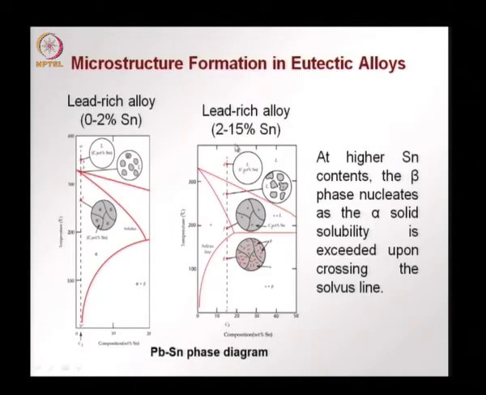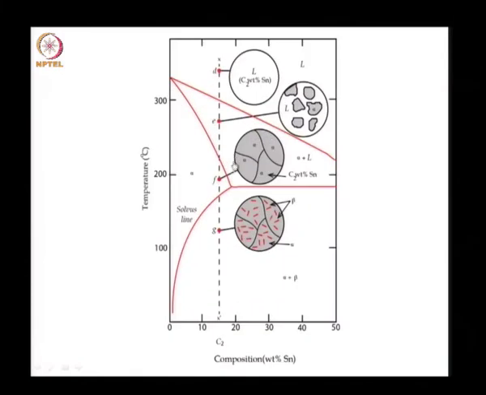Now, let us see what happens when we have again an alloy rich in lead, but with a slightly higher percentage of tin in the range of 2 to 15%. So, instead of the composition being here, now we are looking at a composition in this range.